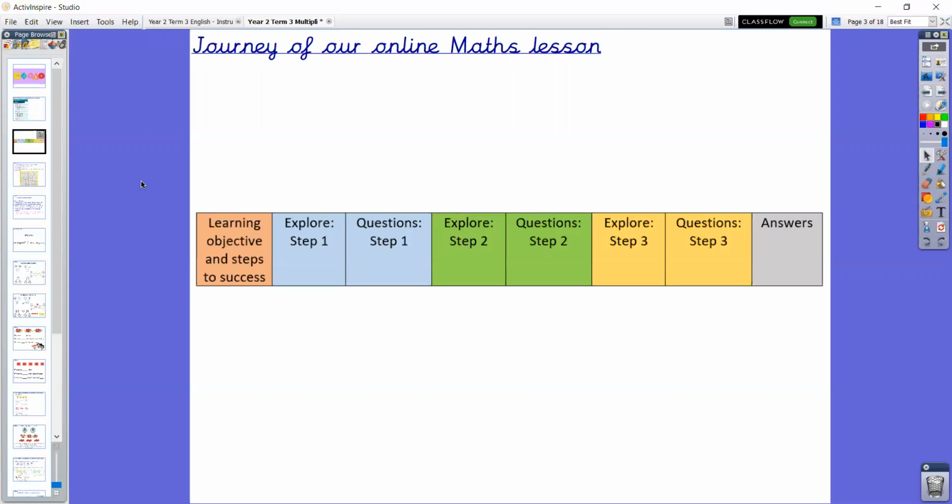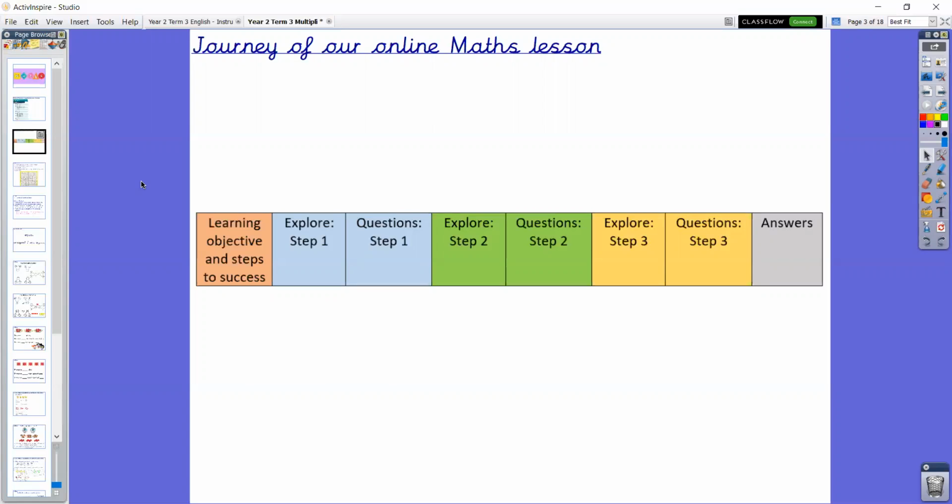As you can see here, we're going to explore a step at a time. So it'll be amazing if you can engage in mathematical discussion with your child at home during these parts of the session. There'll be times when I suggest pausing the video or having a conversation. The children will then move on to the step 1 question. So at this point, it'd be great to pause the video whilst they work in their maths book.